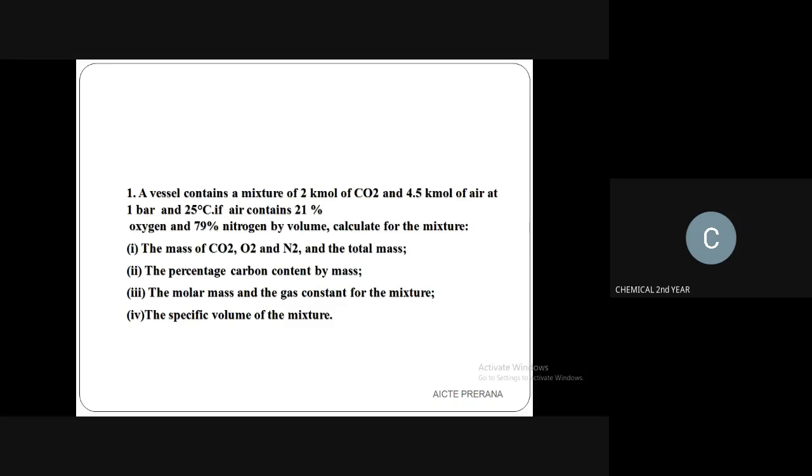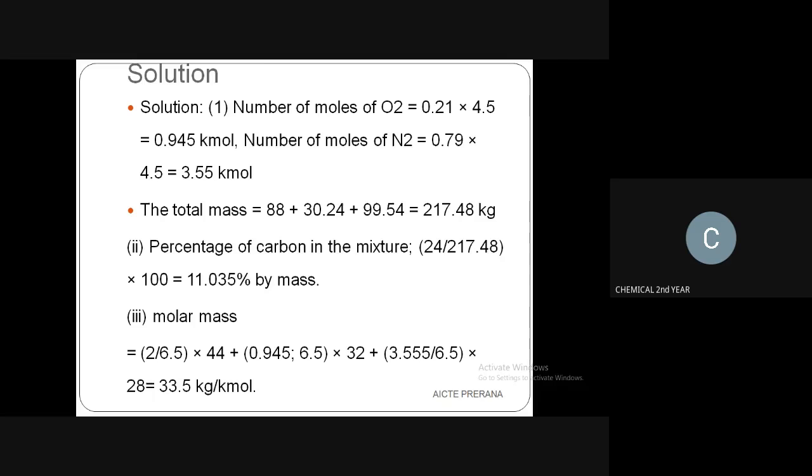For nitrogen and oxygen they have given the percentage, so we are converting the fraction into moles. So we are getting 0.945 kilomole for oxygen and 3.55 kilomole for nitrogen. Okay, that only we are going to use for molar mass.